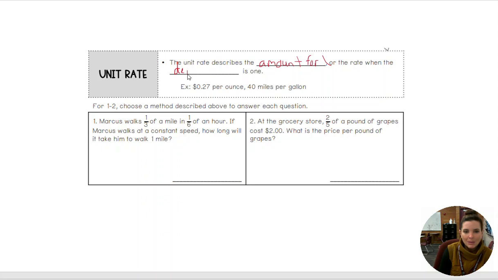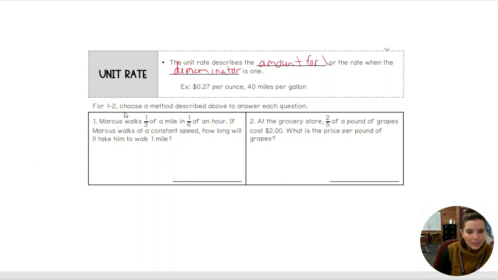Okay, so remember that whenever you're looking for unit rate, you want the denominator to be a 1. Okay? Example, it's 27 cents per 1 ounce, or 40 miles per 1 gallon.